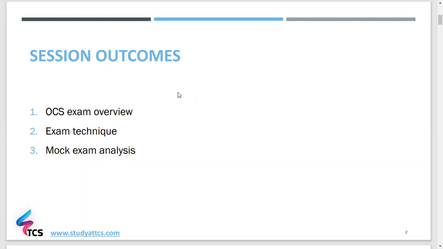And in the third area, the most important area, I'll be taking you through a mini mock prepared by TCS Online, and I'll be taking you through the suggested answer, which will undoubtedly help you figure out what type of answers you need to provide in the real exam.